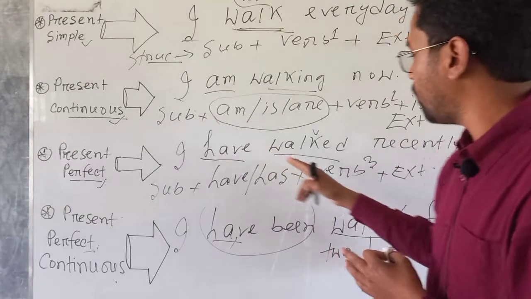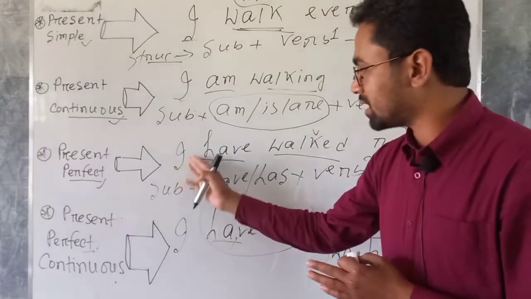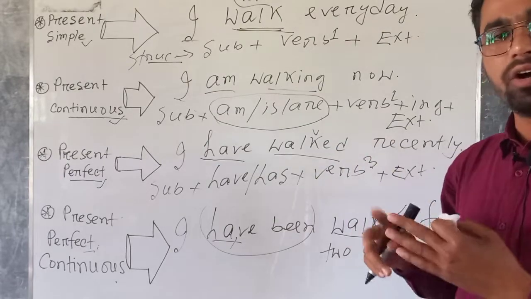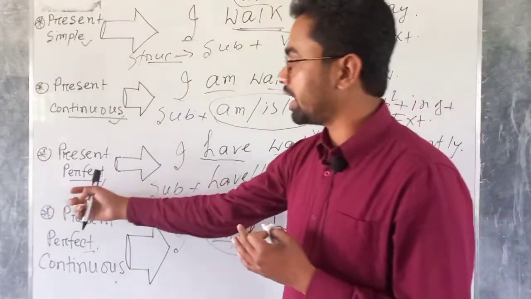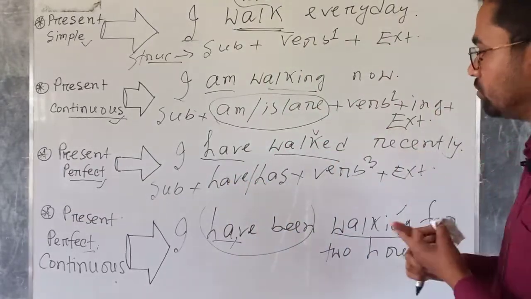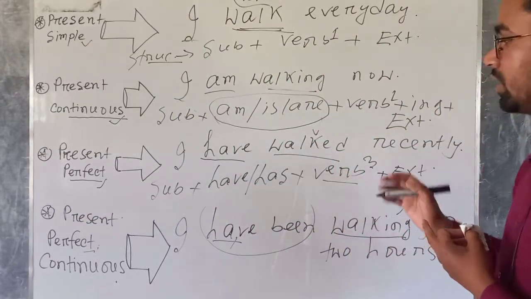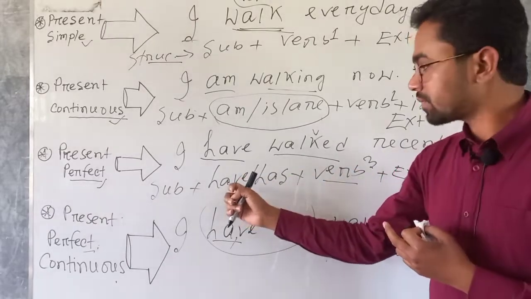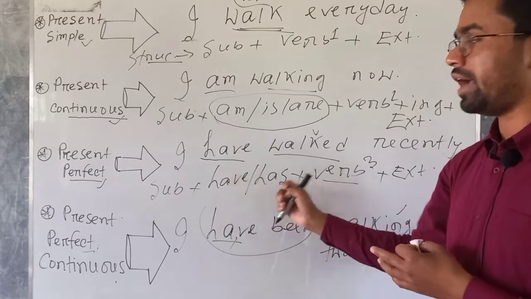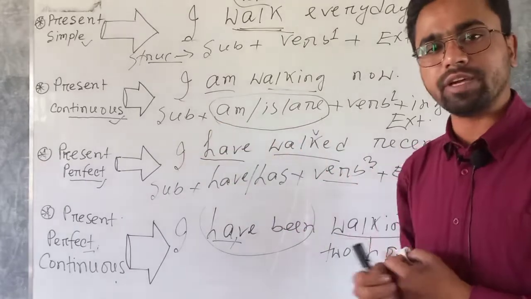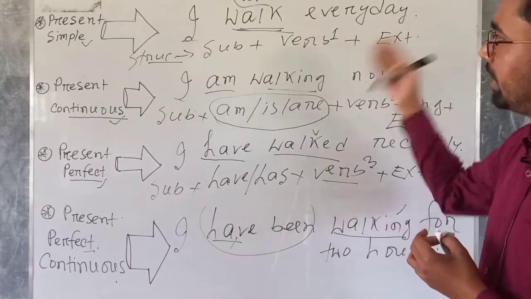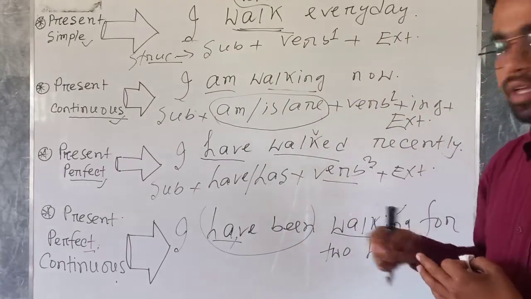I have worked recently. Subject, have and has are considered auxiliary verbs only in present perfect tense, and you must use verb 3 after the auxiliary verb have or has in present perfect tense. I hope it has been clear to all of you.